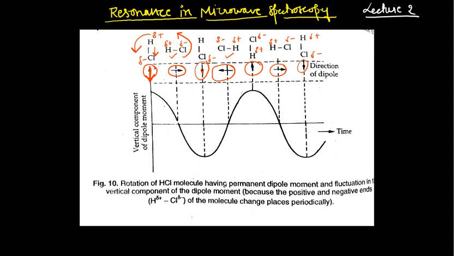So this rotation which is going on will generate a fluctuating electric field, and definitely when the fluctuating electric field is there, there will be some associated frequency, okay. And in that case, if you are giving the radiations, the IR radiation or your microwave radiation, they will also have their frequency.